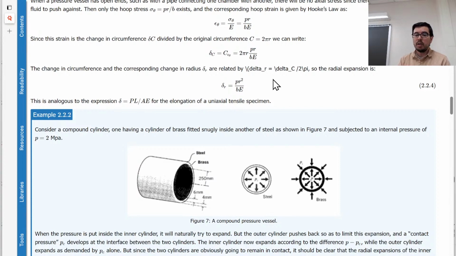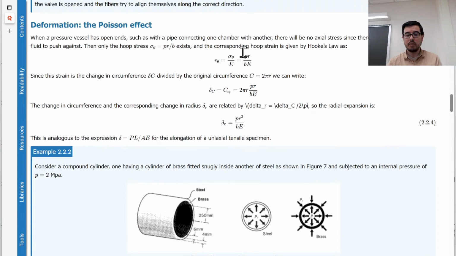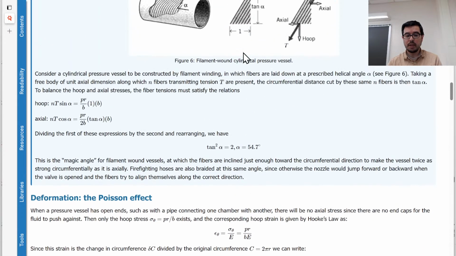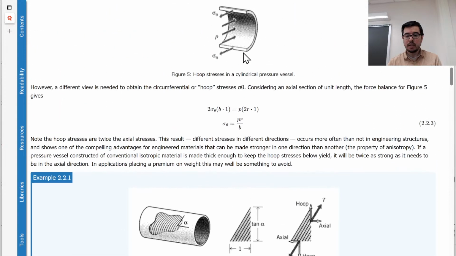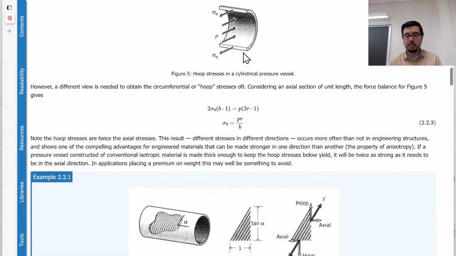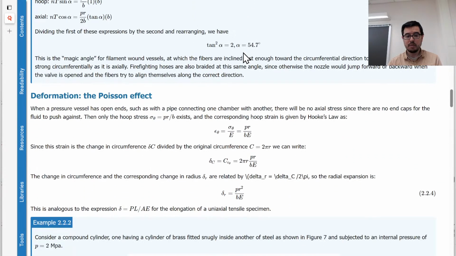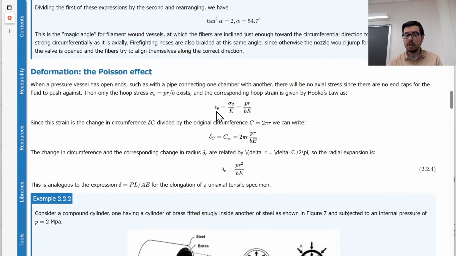For example, they use the term delta. If you go through here, maybe here is not a bad place to put it. So you see, this is the strain. Epsilon theta would be the strain in the circumferential direction.